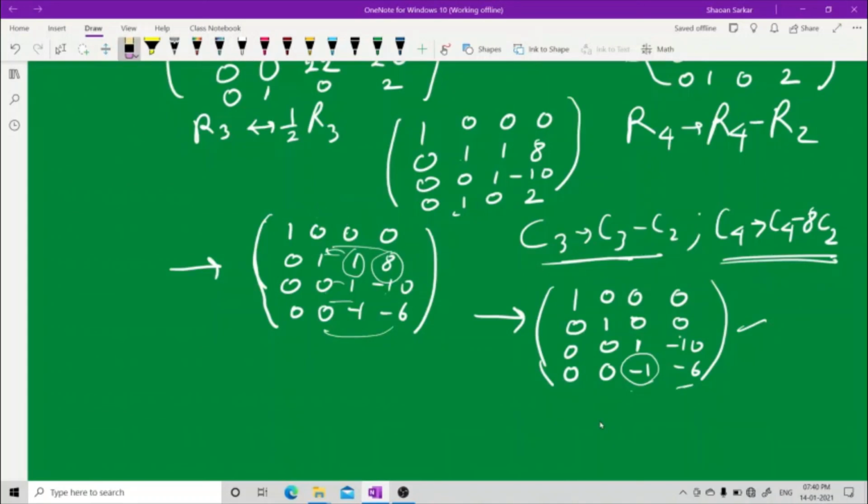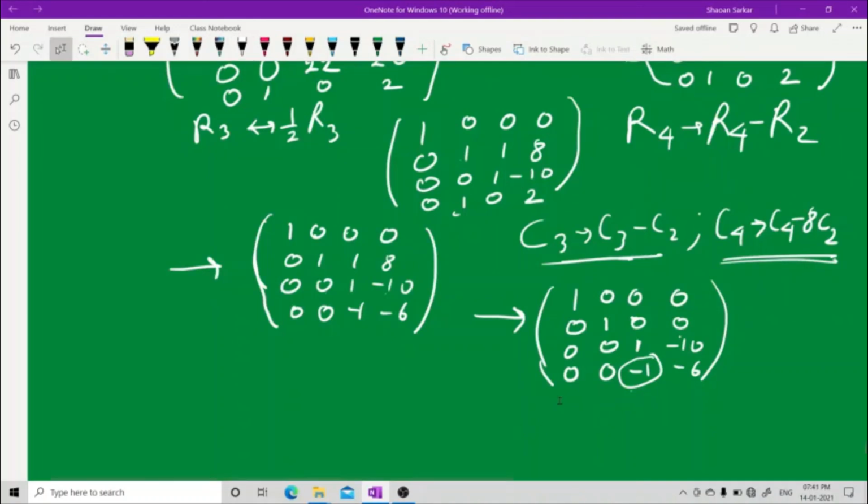Now you will see. Let me rub all these lines. Now see, the target is to make this 0. What I do is very simple. I take a little more space.